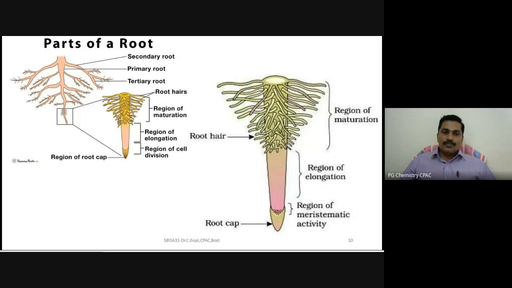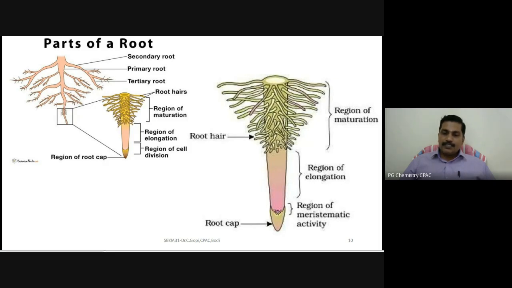Whenever you take the matured root, you will find the root regions: region of cell division, region of cell elongation, and region of root maturation. This is the root tip region where the actively dividing meristematic tissue is present at the tip of the root. So it has to be protected from the soil or any mechanical damage by means of the root cap.